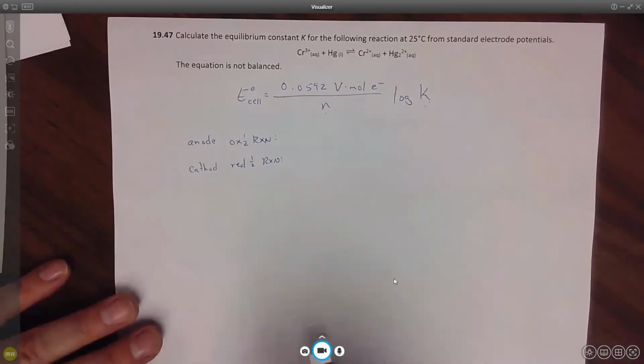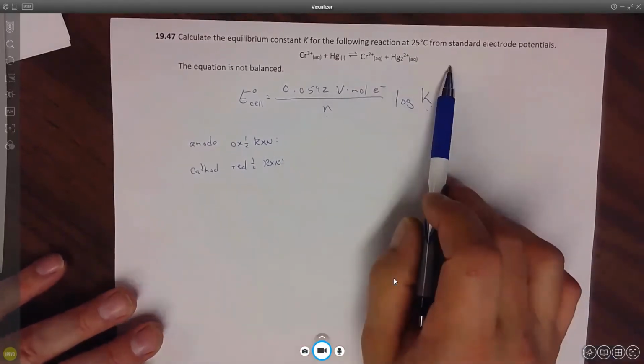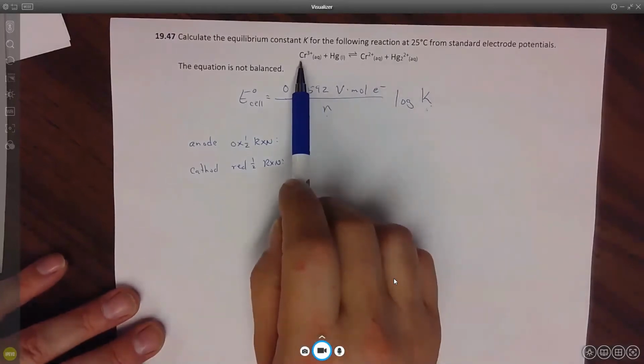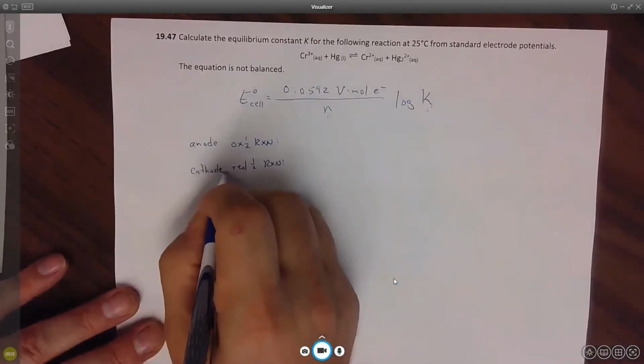Okay, so this is the reaction. I can see that the chromium's going from chromium 3 plus to 2 plus. So is that going to be the cathode or the anode?